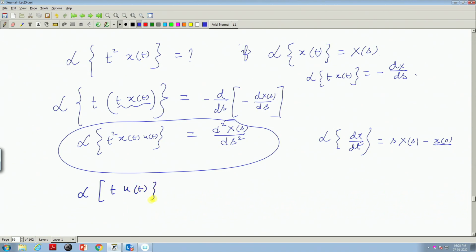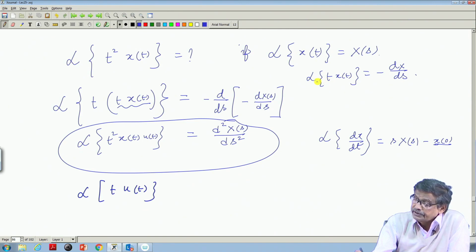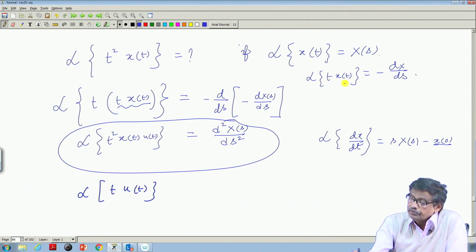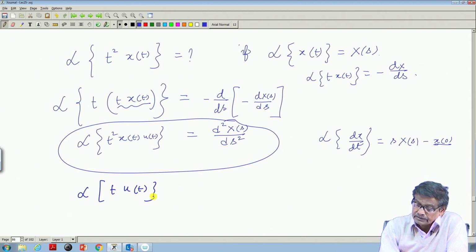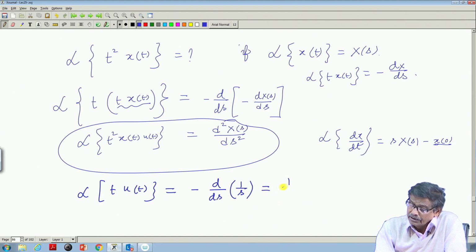If the Laplace transform of x(t) is X(s), then the Laplace transform of t x(t) is minus dX/ds. So, in this case this will be minus d/ds of 1 by s, and that is equal to 1 by s square.